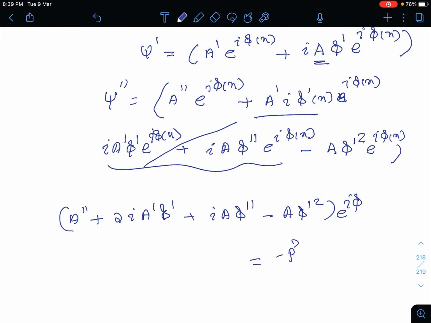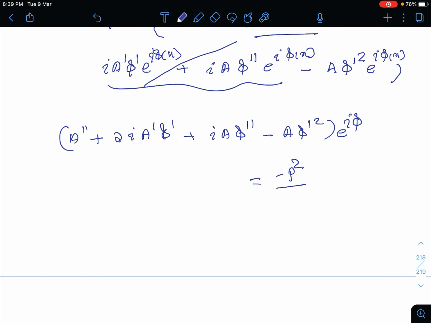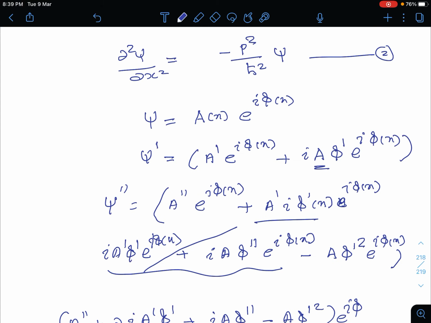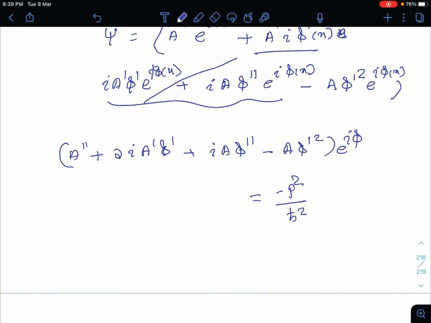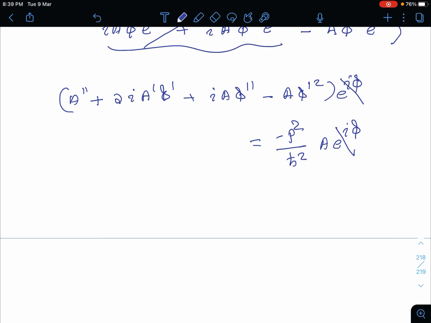is equal to minus p square by h cross square psi. What is psi? Psi is a e raised to i phi. Okay. Now this has real terms as well as imaginary terms, but on the right hand side you have only real terms.